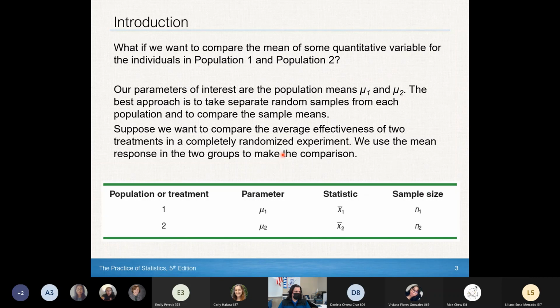And once again, we have some new notation. Population or treatment 1, we have parameter mu subscript 1, statistic x bar subscript 1, and sample size n subscript 1. Similarly for 2, we have mu sub 2, x bar sub 2, n sub 2. Once again, we can use different things for the subscript as long as we're defining what it is and which thing it goes back to.